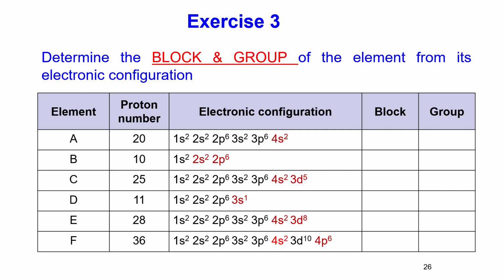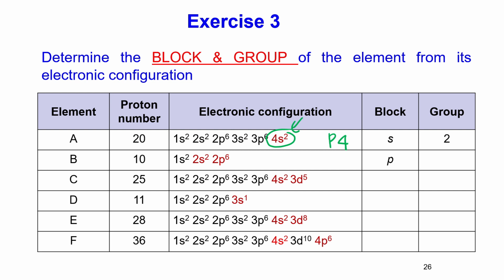The highest principal quantum number, or valence shell, is n equals 4. So this element is in period 4. The block also refers to here, so block s. And for group, 4s2 means we have 2 valence electrons. So group 2.